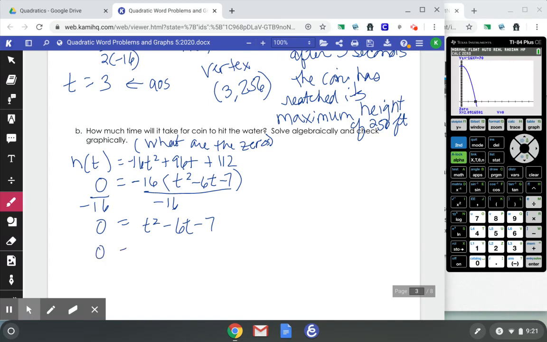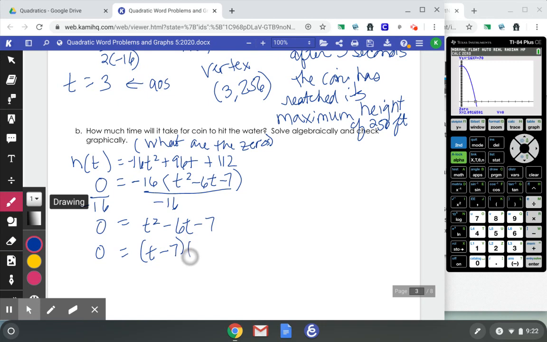And now I can factor this. Okay, I can split this up into t minus 7 times t plus 1. All right, so if t minus 7 equaled 0, that means t would be 7. If t plus 1 equaled 0, that means t would be negative 1.